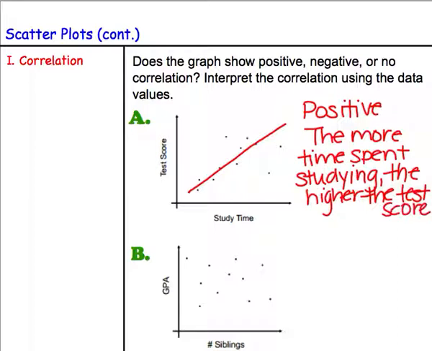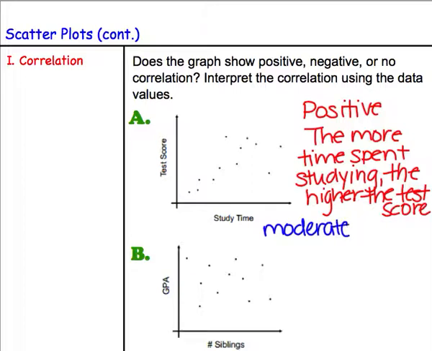And one other thing we can also talk about when we talk about correlation is how strong the correlation is. And if I look here, and I'm going to go ahead and erase my line that I drew in here, I see that this has what we would call a moderate correlation.